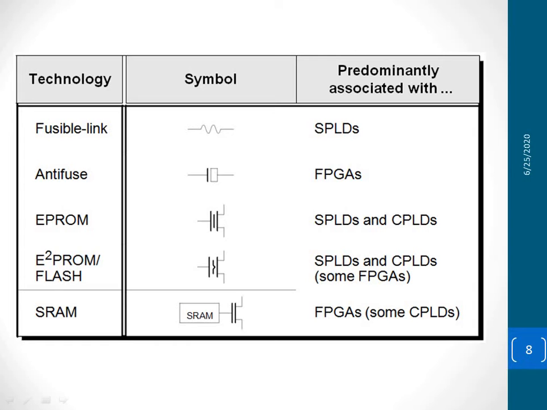EEPROM and flash are for simple programmable logic devices and CPLDs and some of the FPGAs also, whereas SRAM is predominantly associated with FPGAs. In a few CPLDs this SRAM is also implemented.